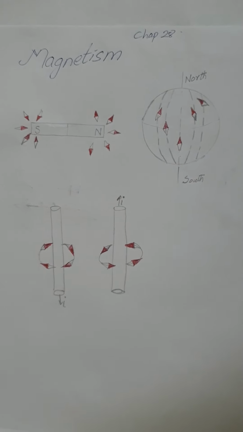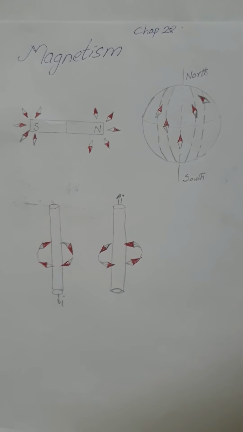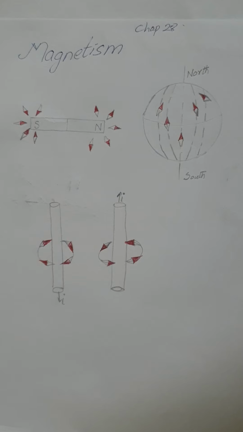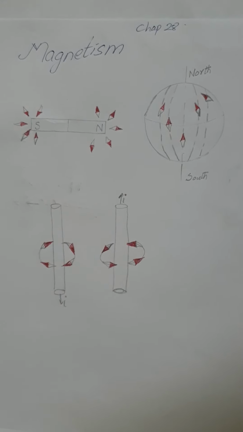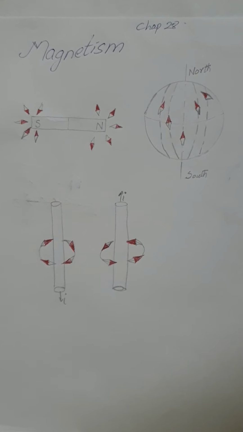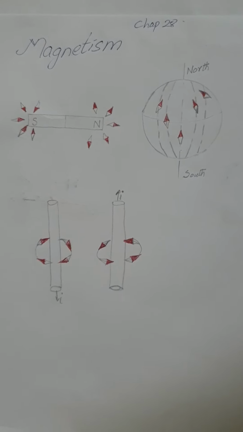Unlike electric forces, which act on electric charges whether they are moving or not, magnetic forces act only on moving charges. It is important to keep in mind that there are many important similarities between electric and magnetic interactions, as well as important differences between them.